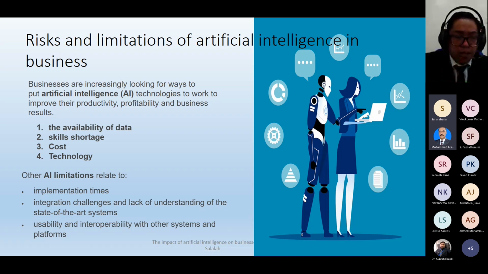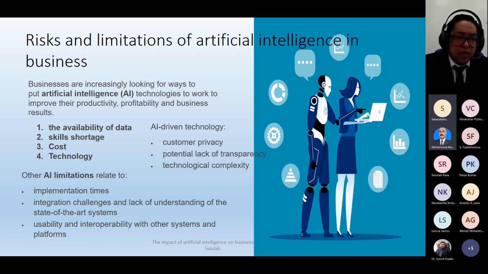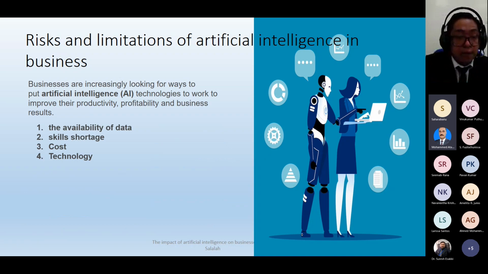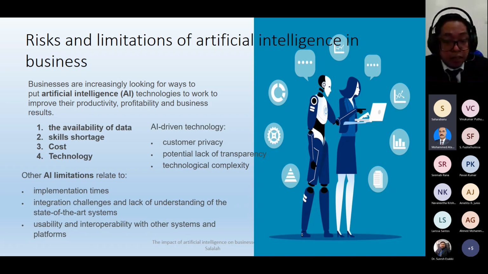But going back to the technology, we also have to think of AI-driven technology, where we might encounter some limitation or risk, particularly when it comes to customer privacy, potential lack of transparency, and technology complexity.